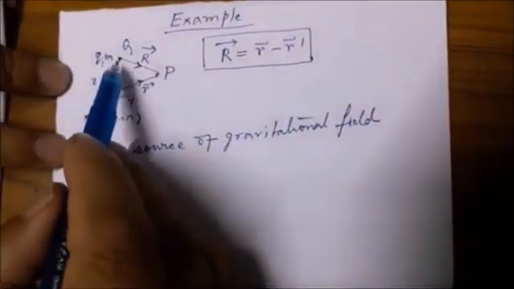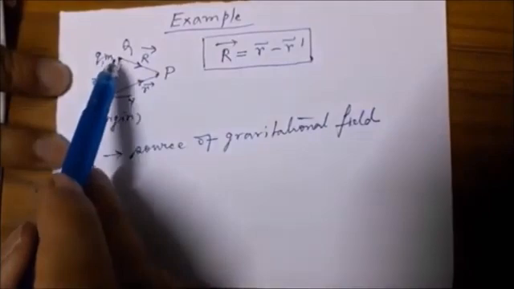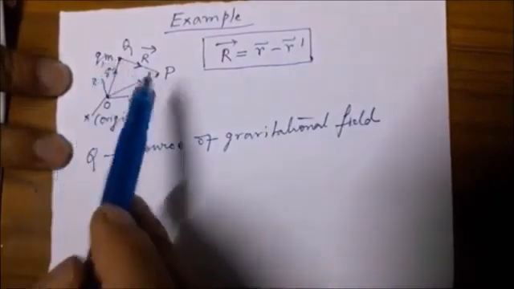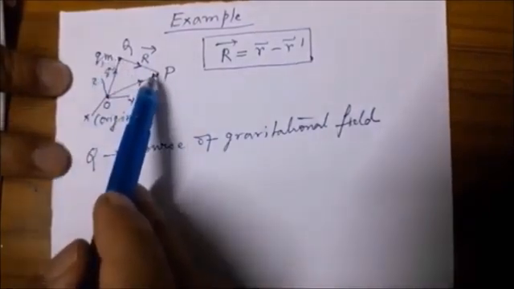If mass m was absent at Q, we would have no field at point P.